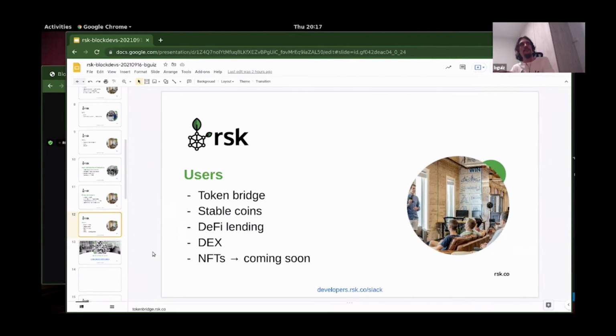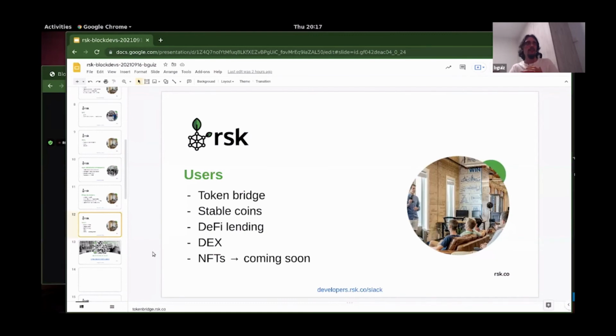They have actually been crossed over from Ethereum into RSK and vice versa. And then we also have some stable coins like DOC, dollar on chain, RIF dollar on chain, XUSD that are RSK native, and they've been crossed over onto Ethereum. And it's not just limited to stable coins. Anything that's an ERC20 compatible token can cross over using the token bridge as well.